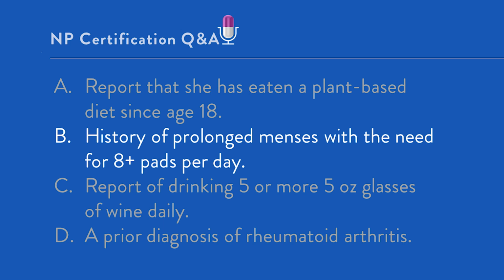Well, the report of drinking heavily does increase risk for folic acid deficiency anemia, but I can eliminate that immediately from this because folic acid deficiency anemia presents as a macrocytic, not a microcytic anemia. And then option D, with a history of rheumatoid arthritis, poses a risk for anemia of chronic disease.